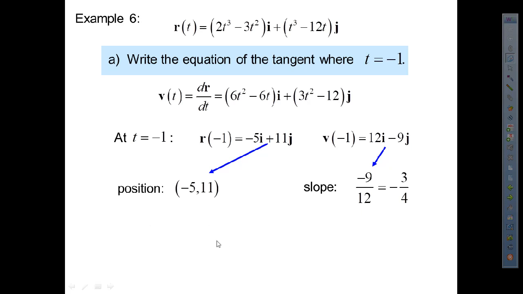So when we put all that together, what's going to happen? Well, we're going to have y minus 11 equals negative 3/4 times x minus a negative 5, or plus 5.